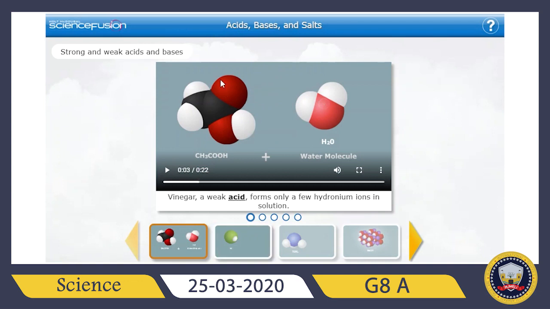But most of the molecules of acid will remain the same, like CH3COOH, their original chemical formula, okay? But normally, in order to increase the hydronium ions, they should change into these charged particles, okay?